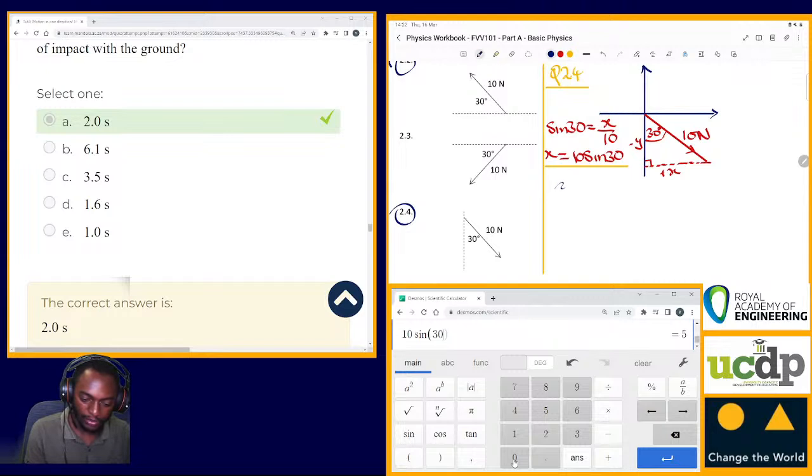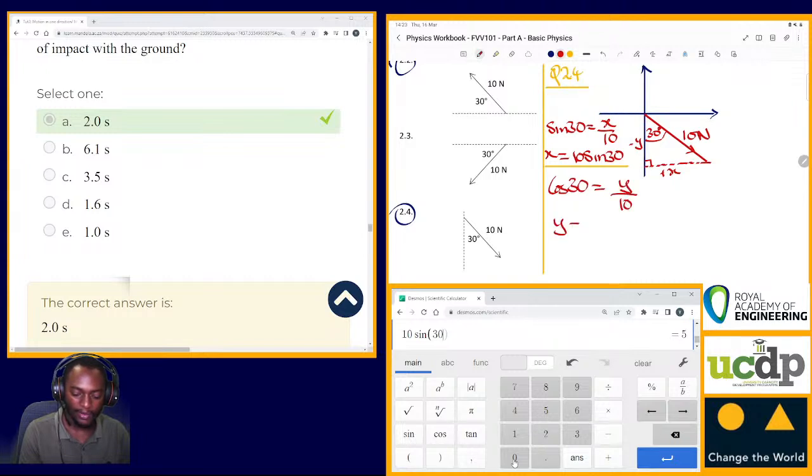Then you do for the y. If you look at y, it's going to be what? Y is on the adjacent. Y is already on the adjacent. So if it's adjacent and hypotenuse, it's going to be cos. So it becomes cos 30 is equal to adjacent, which is y over 10.